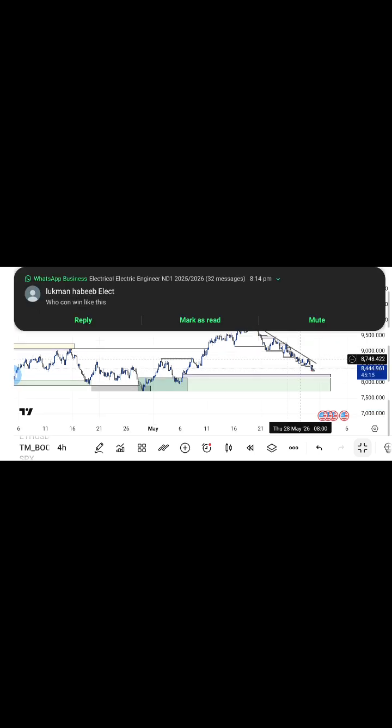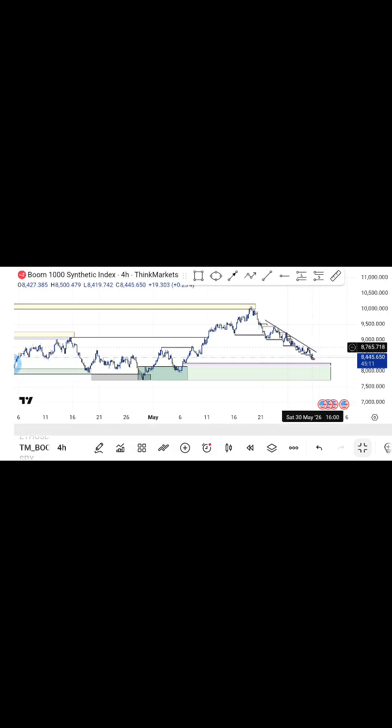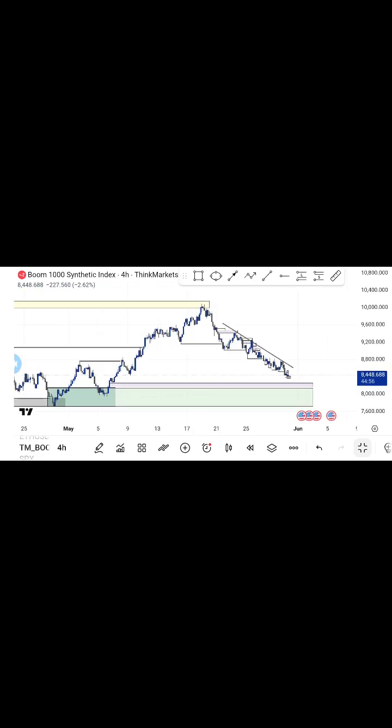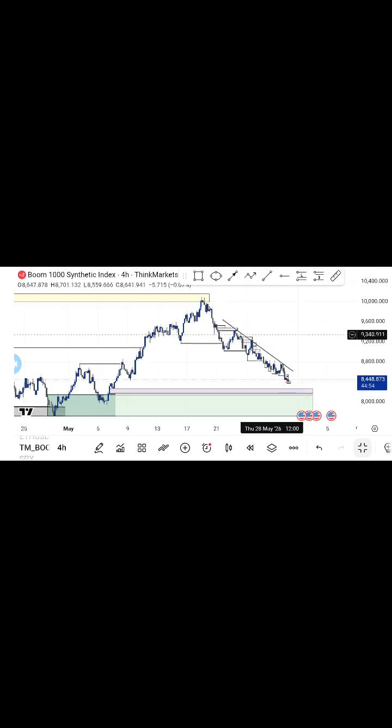If you go to our 1 hour time frame, we see the market is pushing down. But before the market pushed down, it actually broke our previous low here. We have a break of structure. Then we have this imbalance right here and our order block.